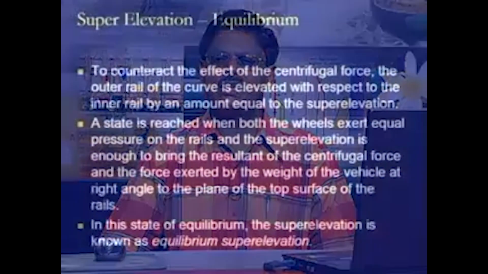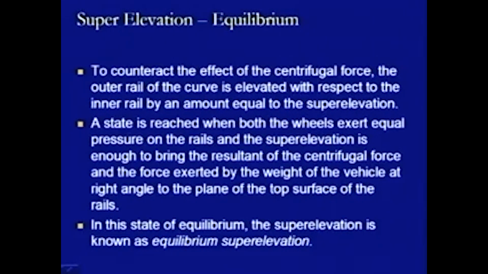If it remains in that area, then the chances of overturning etcetera will be eliminated. So, when we have achieved equal load on both the rail systems and the resultant is falling within the required area, then this state of equilibrium, the super elevation, is termed as equilibrium super elevation. This is how the equilibrium super elevation can be defined.